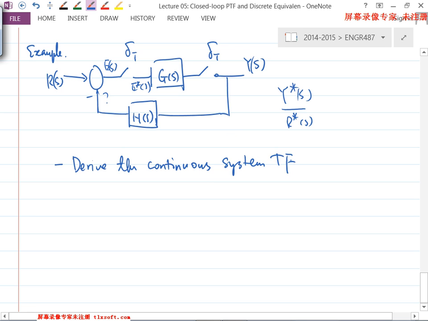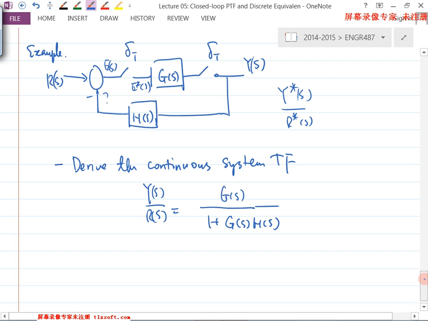So what is my continuous system transfer function for this one, Y of S over R of S, what is that equal to?